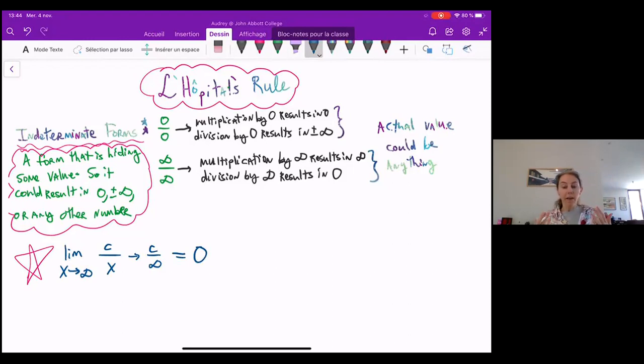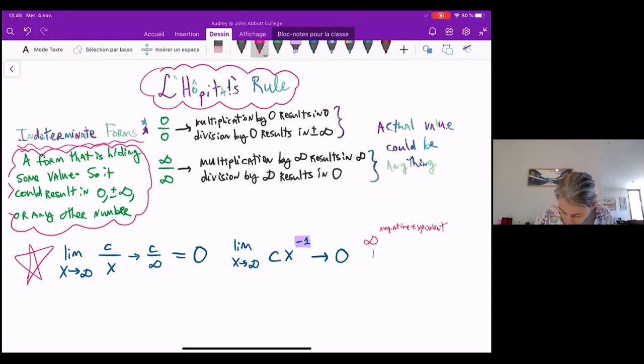Now, a caveat to this is that even if that x is up top with a negative exponent, so this is the same thing as the limit as x goes to infinity of c x to the negative 1. So that negative exponent also means infinity to the negative 1, the result is 0. So infinity with a negative exponent up here results in 0.